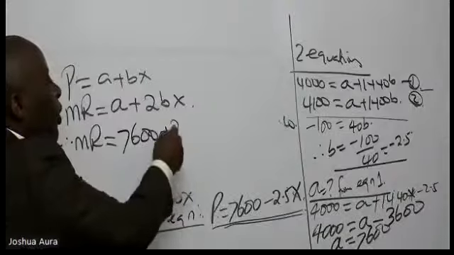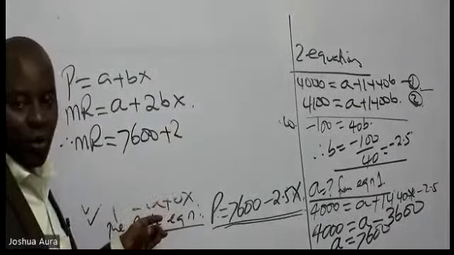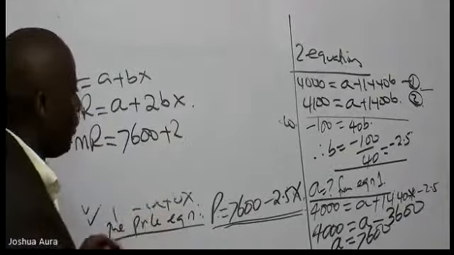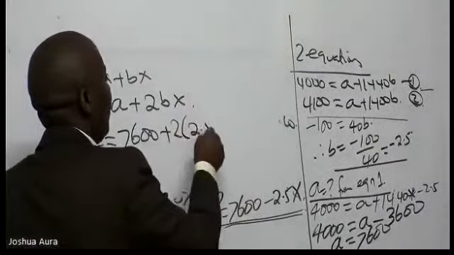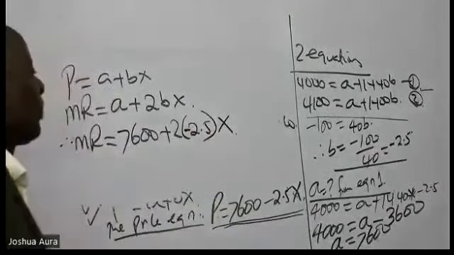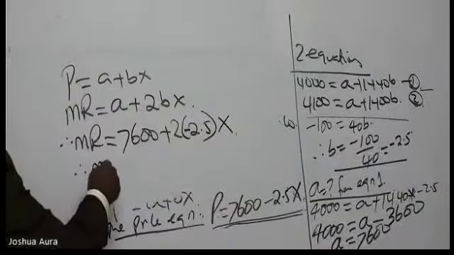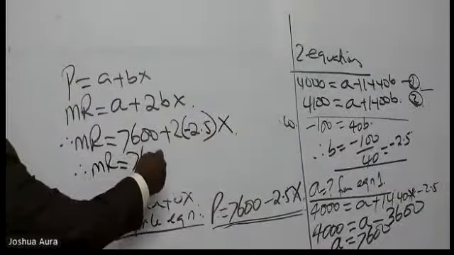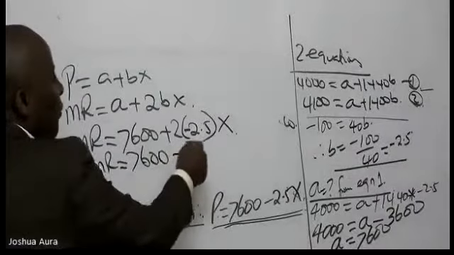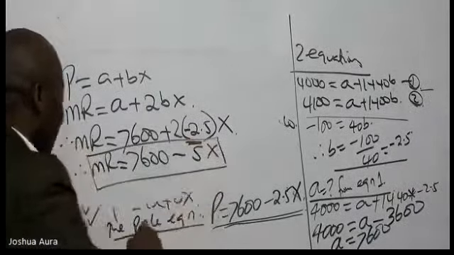Plus 2, do we know the value of B? Minus 2.5. Then of course X, we don't know X. So my marginal revenue will end up being 7,600 minus 5X. This is the answer.